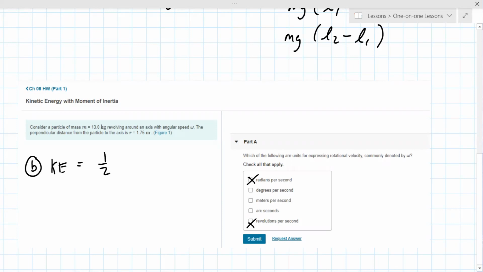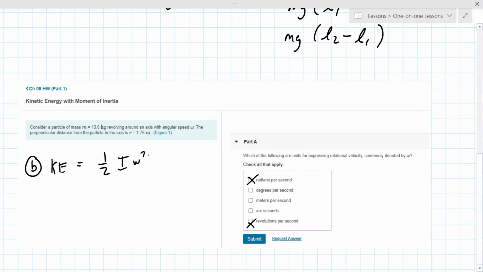I believe it's 1/2 I w squared. Assume omega is 18.0 radians per second. What's the magnitude v of the velocity of the particle in meters per second? Okay, so the kinetic energy is 1/2 I w squared.